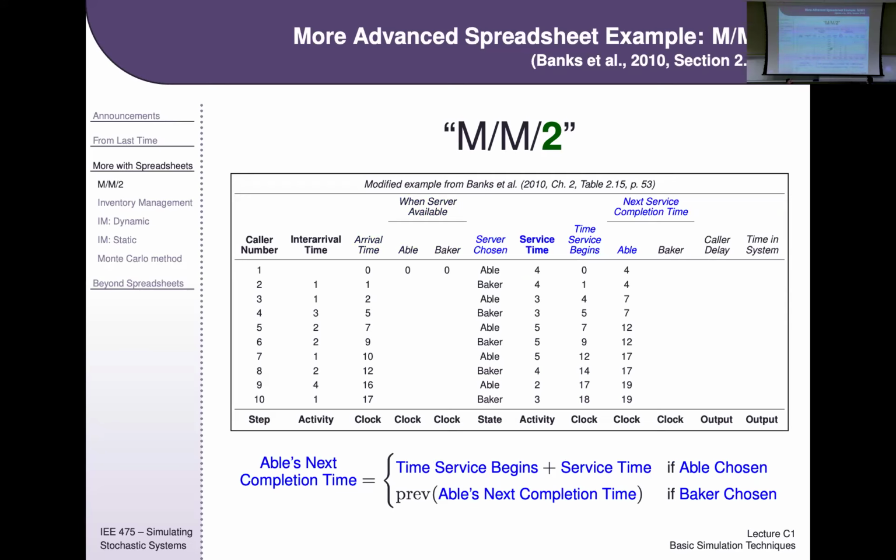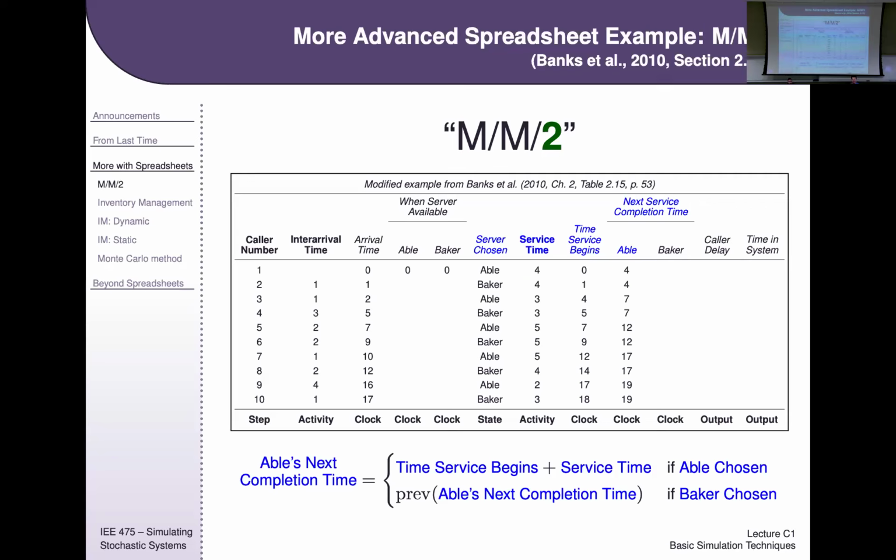For Abel, the next completion time, if Abel is chosen for this caller, is going to be this caller's service beginning time plus however much time this caller needs to complete their service.